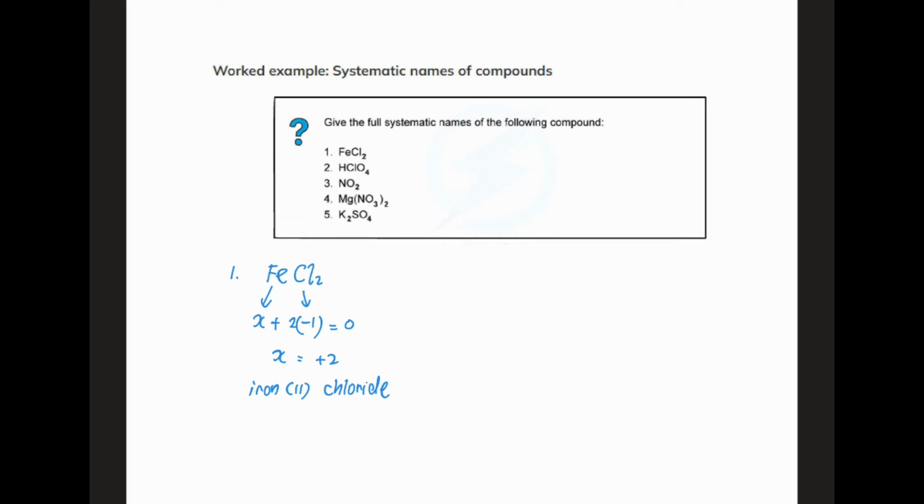Okay, so one example. Now let's see number 2. HClO4. So maybe you're wondering which one has a different kind of oxidation number. Actually, that is chlorine. So hydrogen is fixed, +1, unless it meets up with a group 1 metal like sodium, then it will be hydride and take -1.